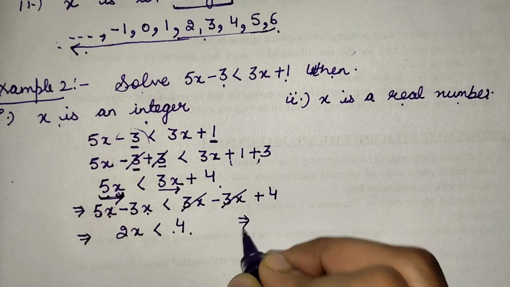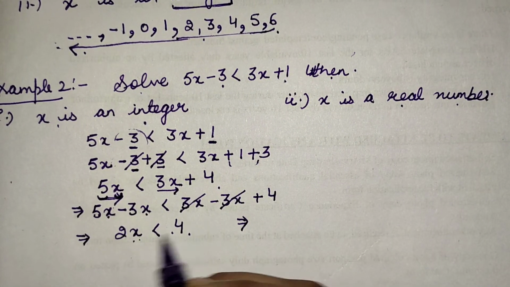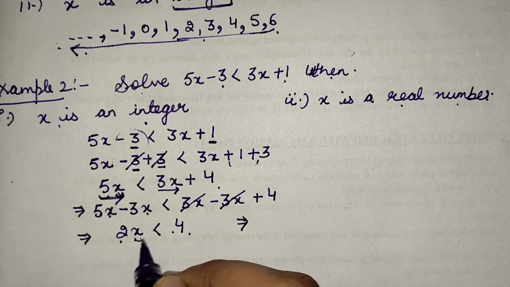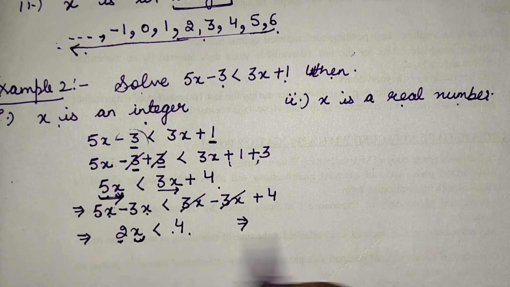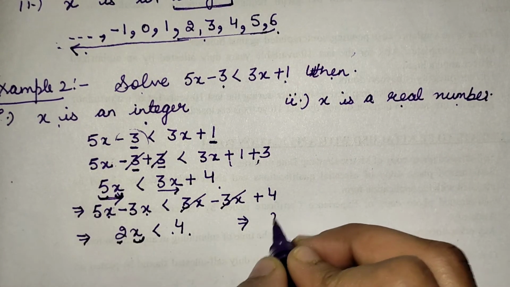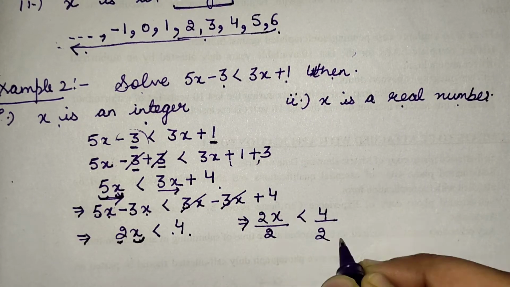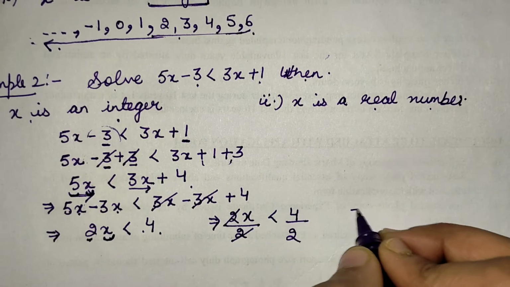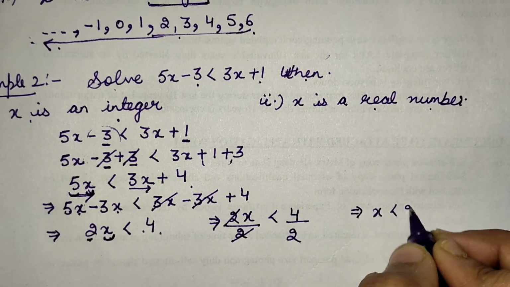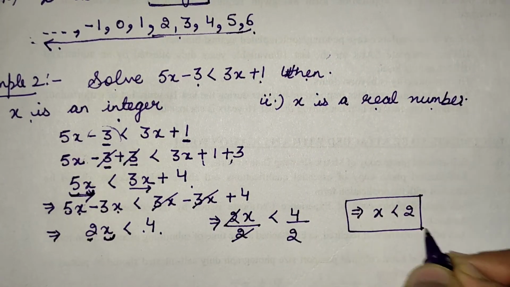Now I want to remove this 2, so I will divide both left hand side and right hand side by 2. So I will get x is less than 2.